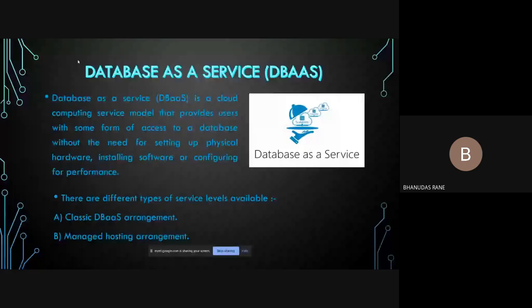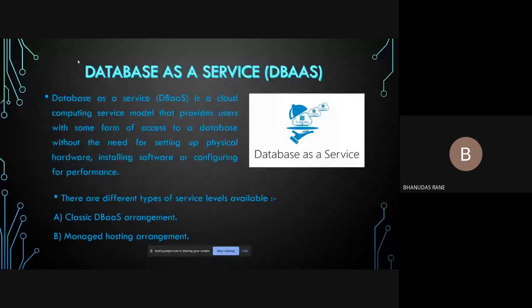There are different types of service levels available. So there are two levels of service. First is the classic database as a service arrangement, and second is the managed hosting arrangement. So these are the two levels. Next we can see service levels.